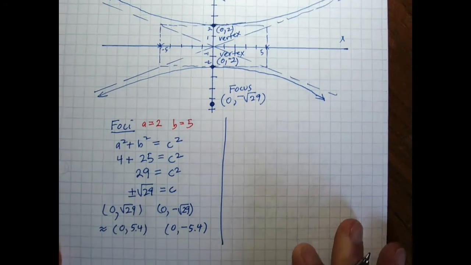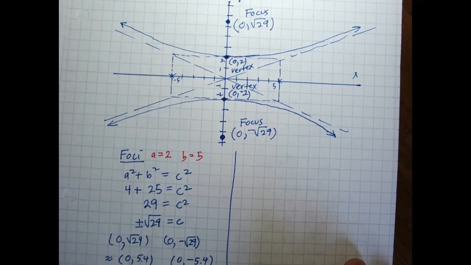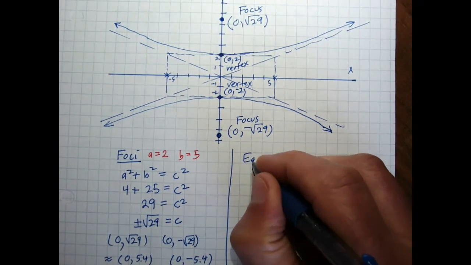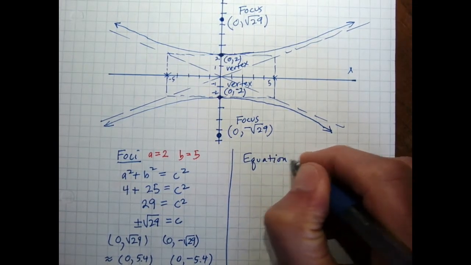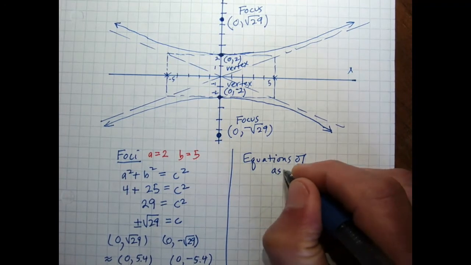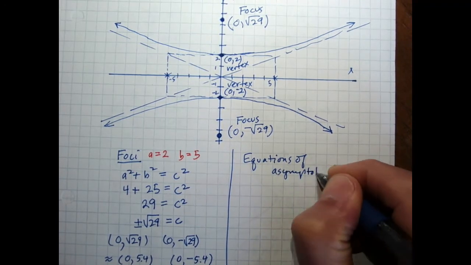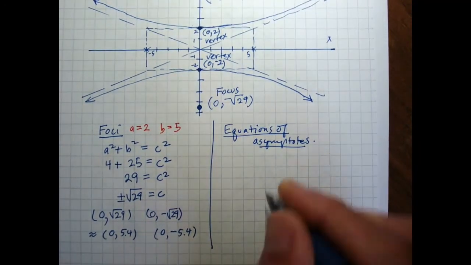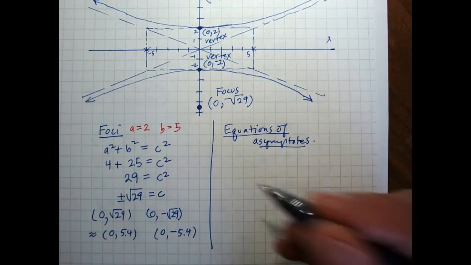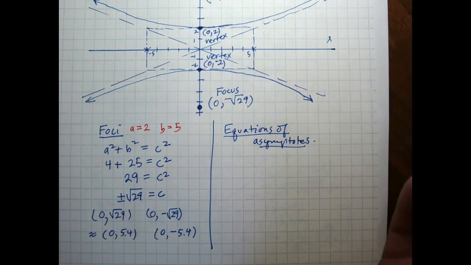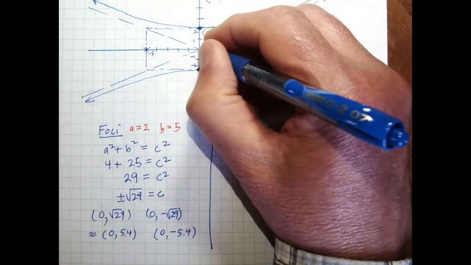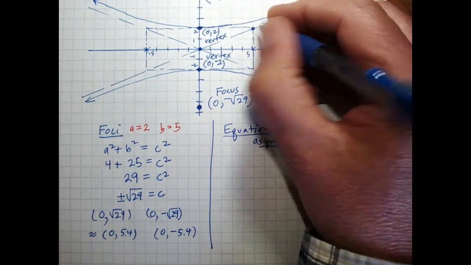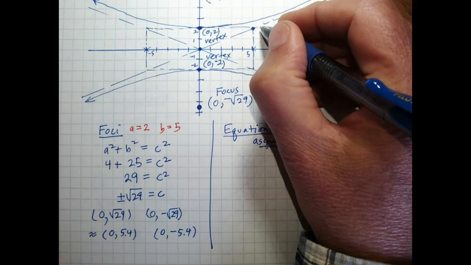And now the only other thing we need here are the equations of the asymptotes, right? They're always going to be in the form y equals mx. The b is always 0. The y-intercept is 0. You can just figure out the slope using a couple points on either one.